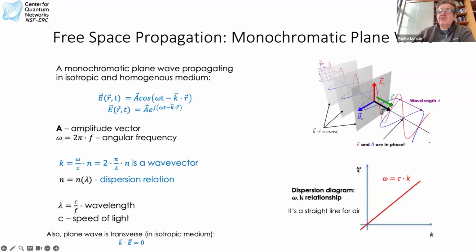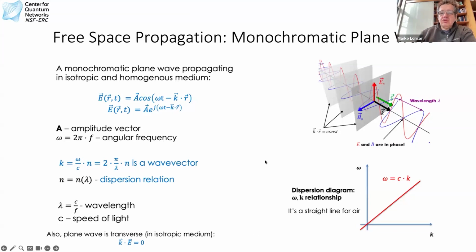Frequency tells you how many oscillations per second you have in your wave, and the wave vector k, its amplitude, tells you how many oscillations in space you have, something about wavelength. So k is 2 pi over lambda, where lambda is wavelength, and omega is 2 pi over T, where T is the period in time. For simple free space propagation, this dispersion relationship is relatively straightforward. It's a straight line because the frequency of light is proportional to k, with the speed of light as the slope.